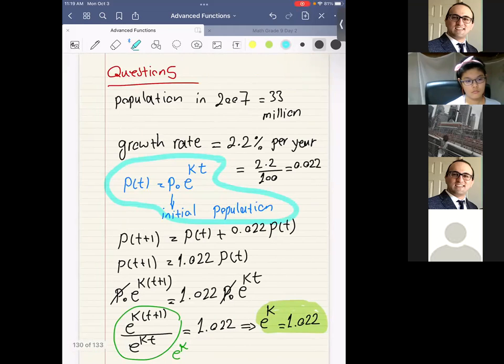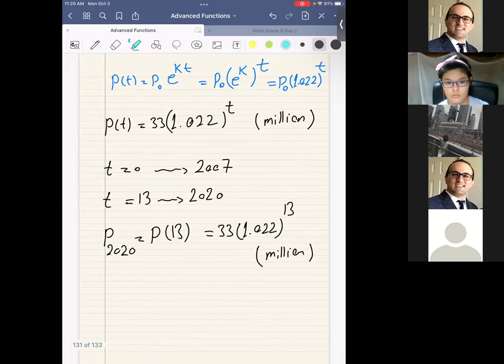And here you see how to find this k. So the bottom line is, whenever you know that the growth rate is, say, 2%, then the model would be P(t) is equal to P0 times 1.02 to the power t.